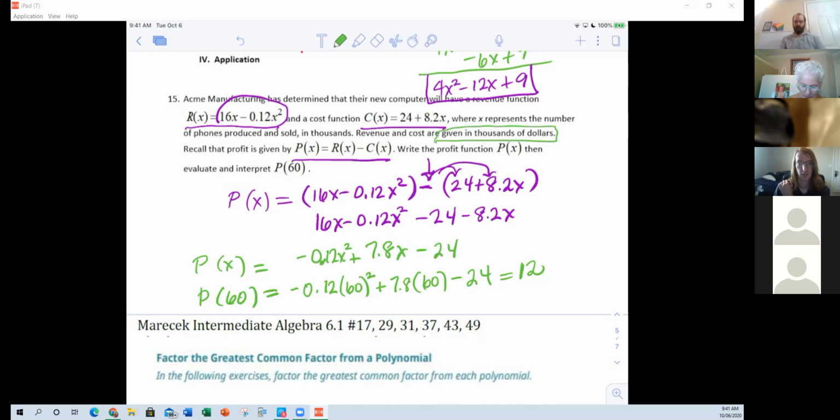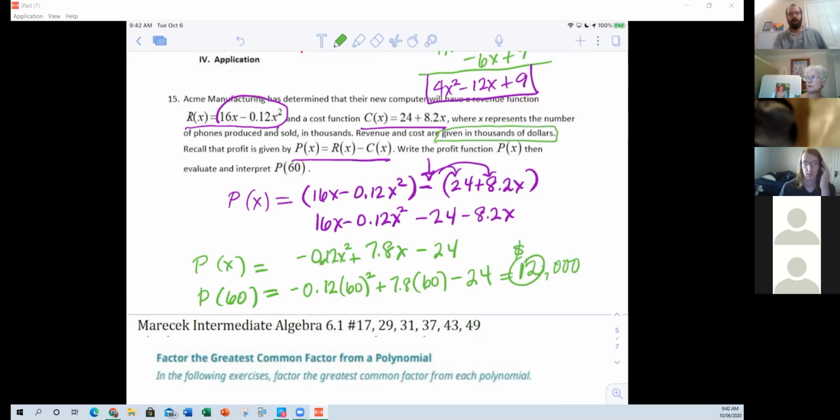So that means that the profit would have to be in thousands of dollars, right? So you get 12, but you have to keep in mind, go back to the problem. And when you're talking about manufacturing, if you get a number like 12, you don't want to stop there because it's probably not going to be just 12. All right, so 12, but that represents $12,000.